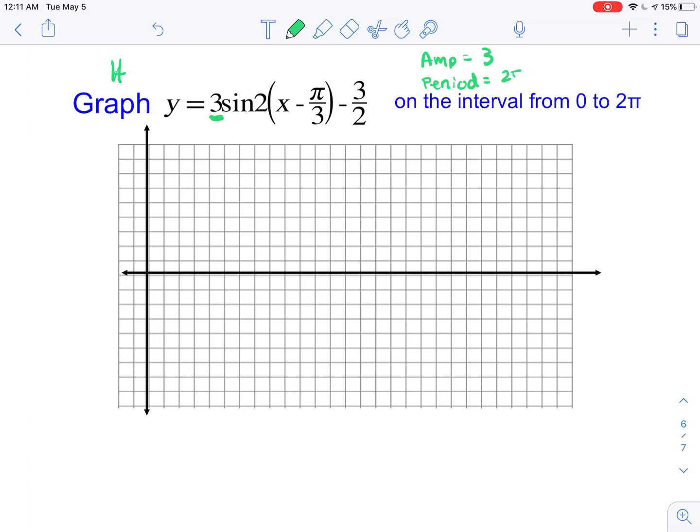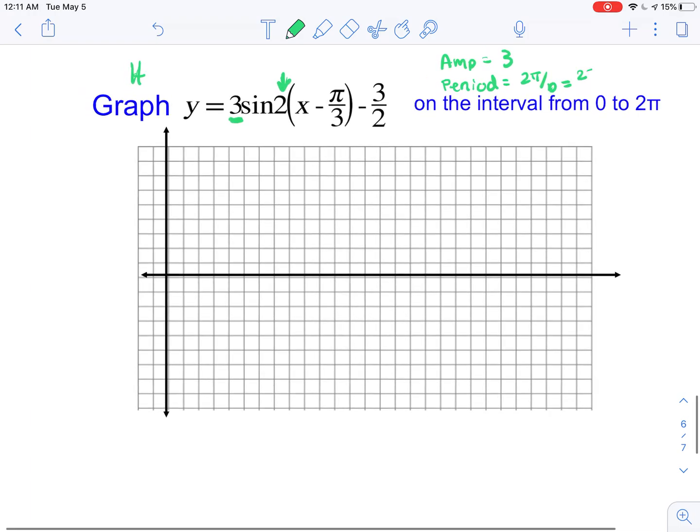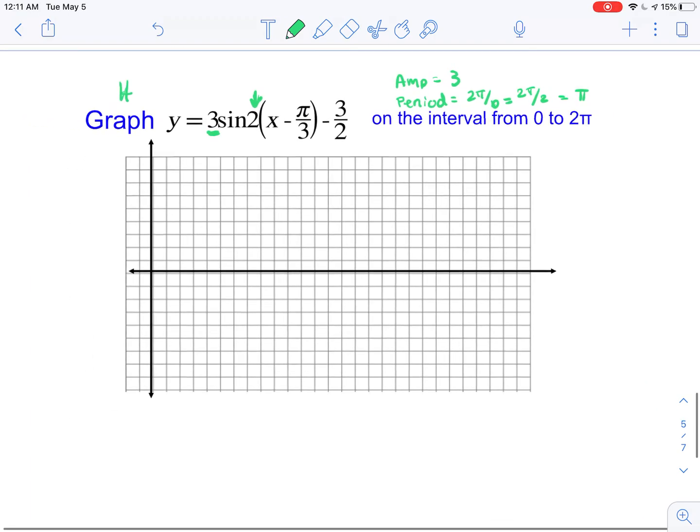I need my amplitude, which in this case is the number in front, 3. I need my period, which is 2 pi divided by my frequency. Now my frequency is the number in front of x factored, which this is factored, so we can go directly into it, making my period pi.